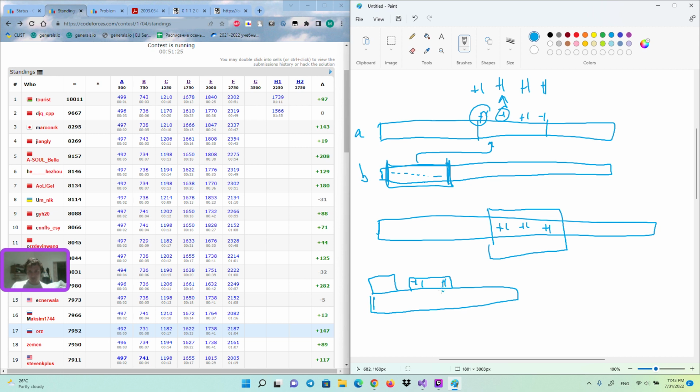I want to check the largest subarray that is like this, but possibly with some plus ones. And how can we check it?